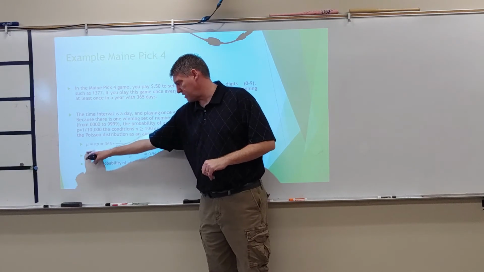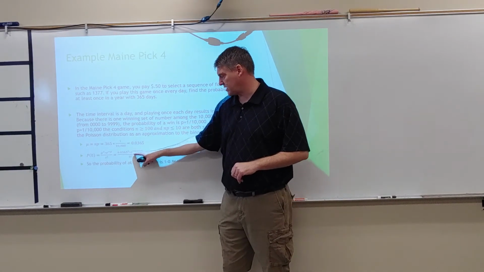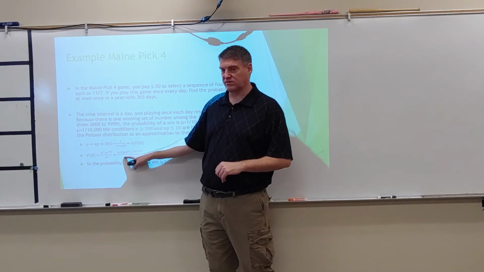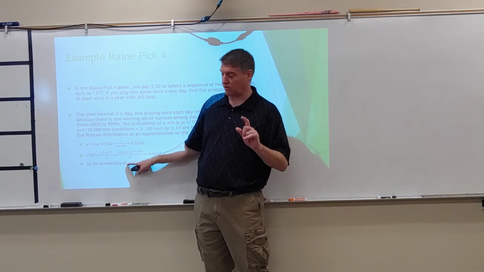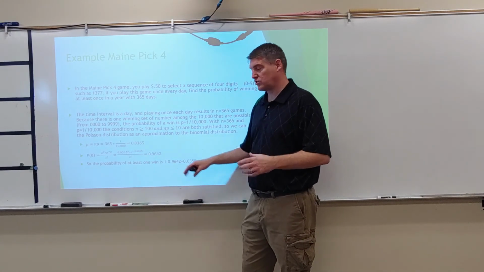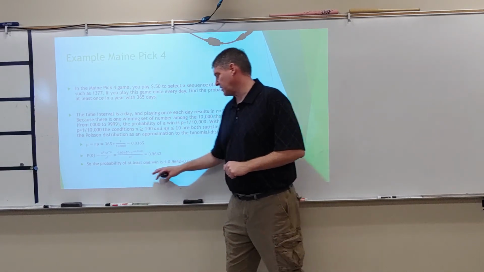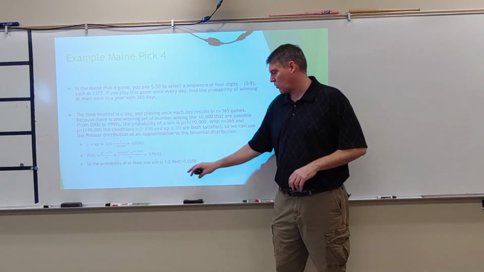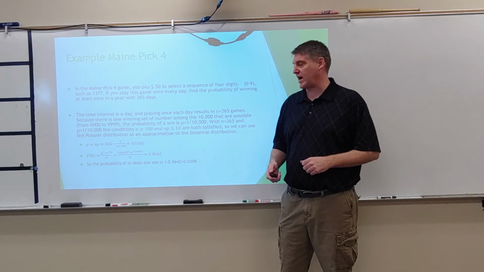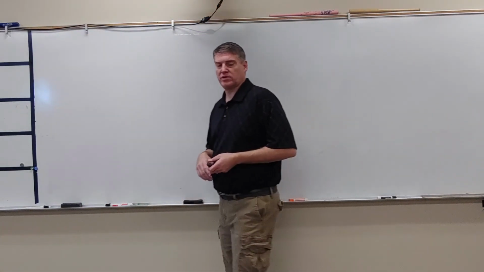So I'm going to find the probability of 0. My mean is 0.0365 to the 0 power times e to the negative 0.0365, over 0 factorial. Remember, 0 factorial is 1. So I have a 0.9642 probability that I will not win. So the probability of at least one win is 1 minus that, or 0.0358. Okay? And that's the Poisson distribution.